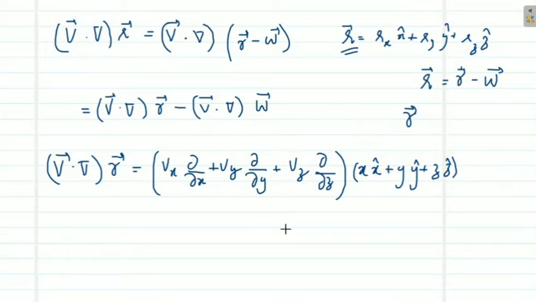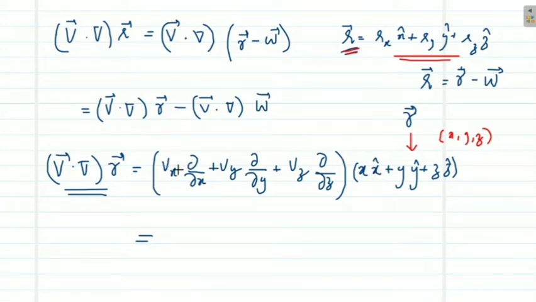So we denote r bar by x cap plus y cap plus z cap because the arbitrary point is represented by x, y, z, right? But curly r bar, which depends on the position of the charge, is denoted by rx cap, ry cap and rz cap. So when we look into the expression v bar dot del of r bar, we will have to do vx into dou by dou x of x cap.